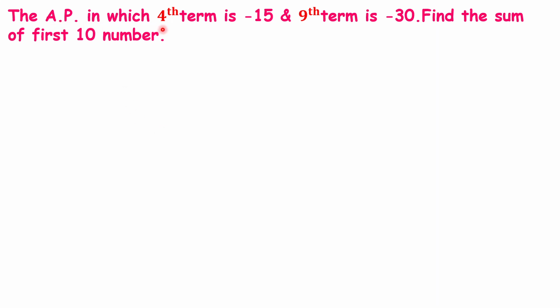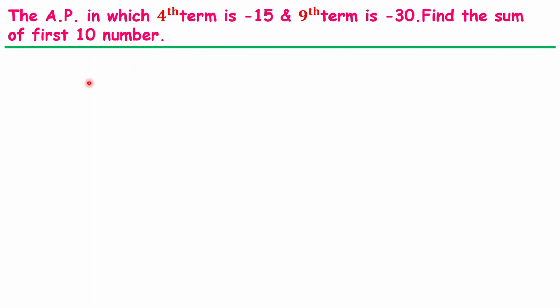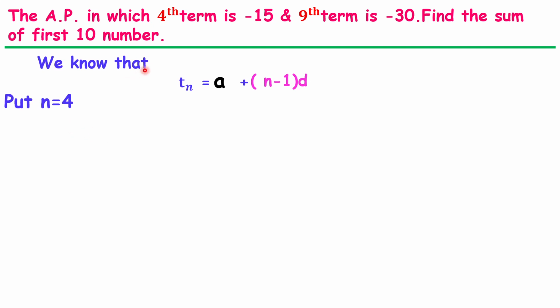The AP in which the fourth term is negative 15 and the ninth term is negative 30. Then find the sum of the first 10 terms. The fourth term is given, therefore we use the formula Tn is equal to a plus (n minus 1) into d. Substitute n is equal to 4.